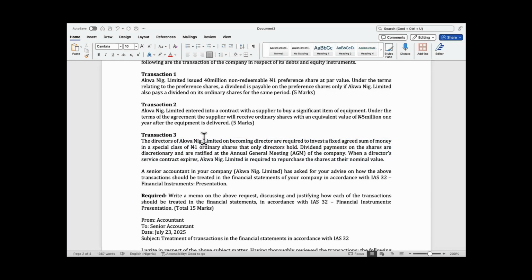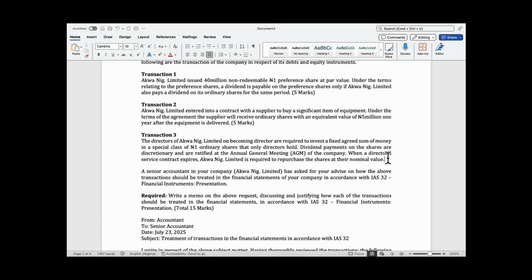So the directors of Aqua Nigeria Limited on becoming director are required to invest a fixed agreed sum of money in a special class of ordinary shares that only directors hold. Dividend payments on the shares are discretionary and are ratified at the AGM of the company. When a director's service contract expires, Aqua Nigeria Limited is required to repurchase the shares at their nominal value. So the entire story here is that when the directors of this company become director, they're supposed to buy shares of the company.